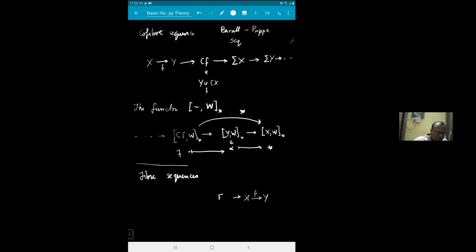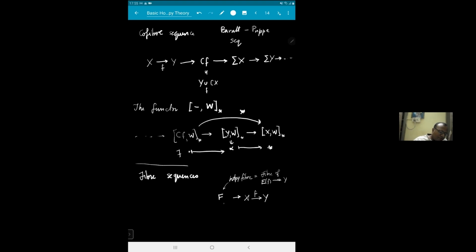This is called the homotopy fiber. So what is that? This is the fiber of E of f to y. The E of f construction I just did before.